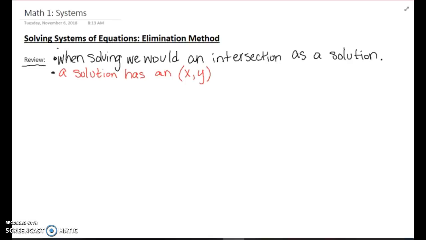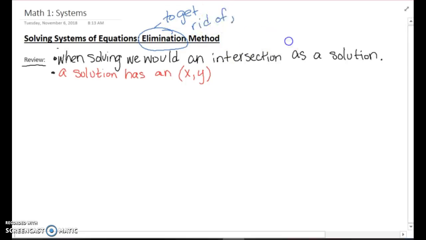and the y. So let's think about the word elimination. What does elimination mean? Some people might say that elimination means to get rid of. Some other people might say to destroy.